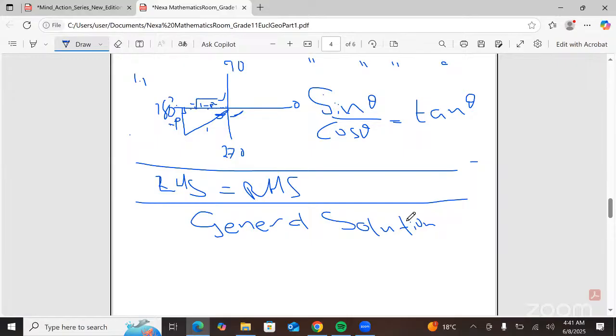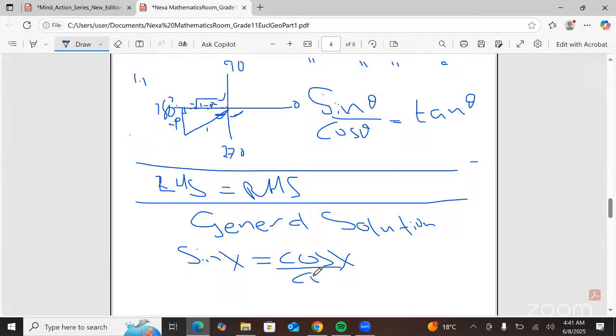Because you are solving for the values of x there, maybe you are given something like sin x is equal to cos x, and then you are required to solve for the value of x.